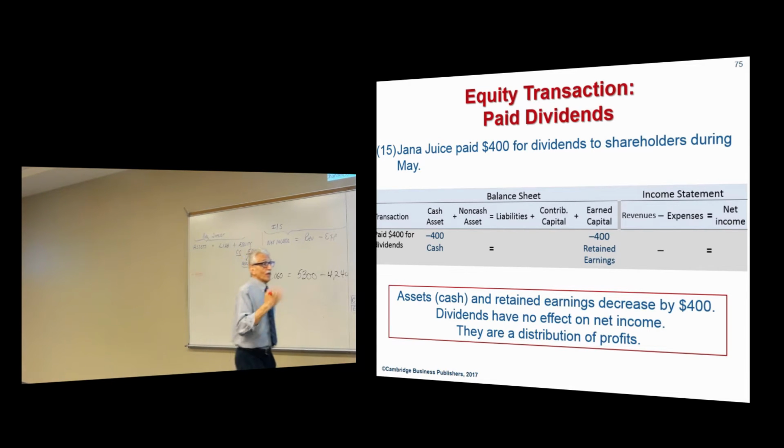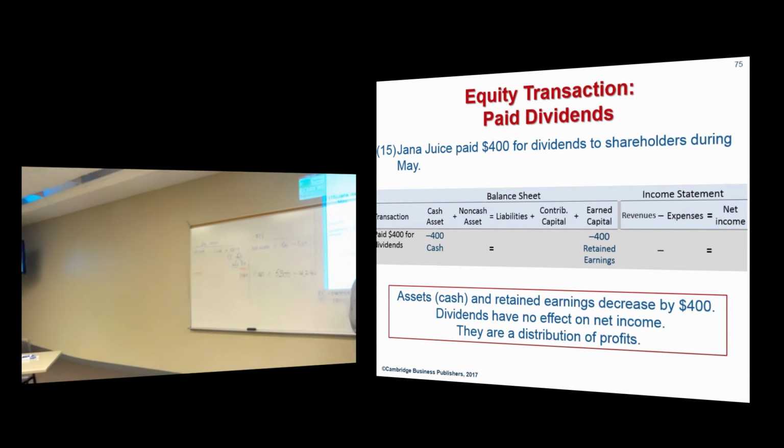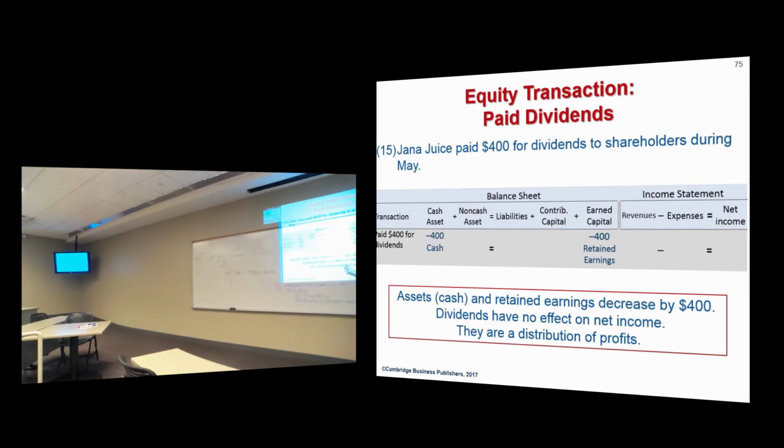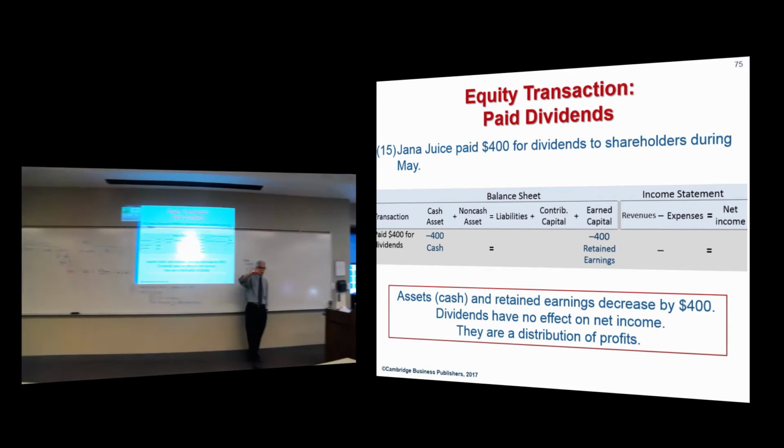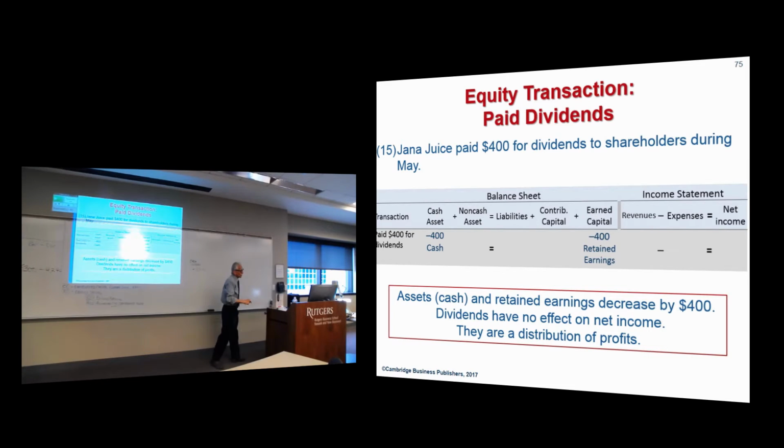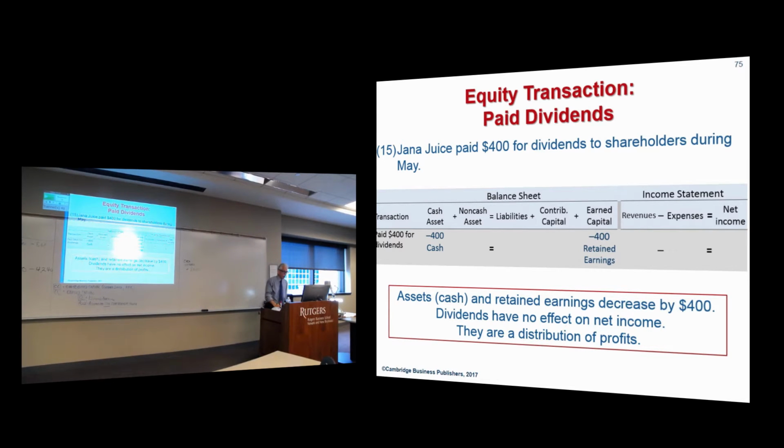Now, of course, and this is critical, make sure you remember, dividends are not expenses. They look like expenses. They have the same effect on earned capital. They are not expenses. They are distributions out of retained earnings. And you may not even say it's a distribution of current year's profit.